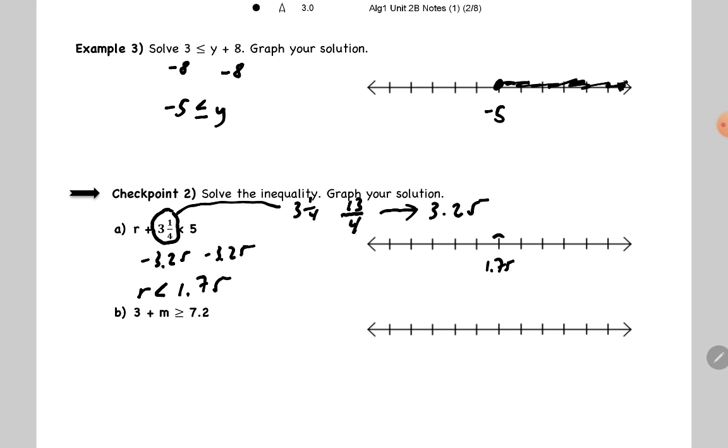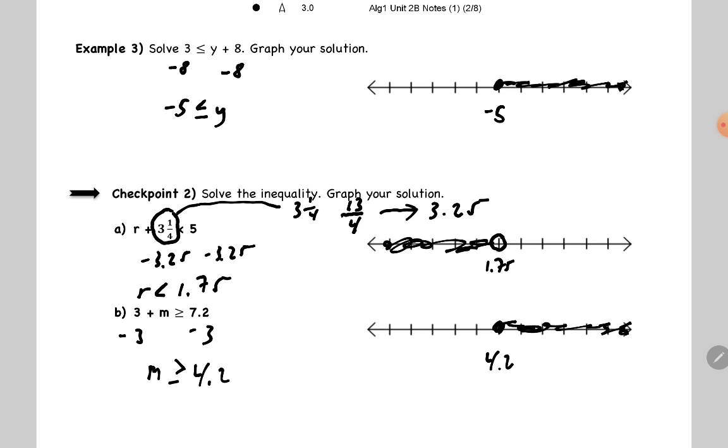It's open because there's no equal, and then shade to the left. Next, subtract 3 from both sides. M is greater than or equal to 4.2. So 4.2, closed dot, and m is bigger than or equal to 4.2, so we're shading to the right.